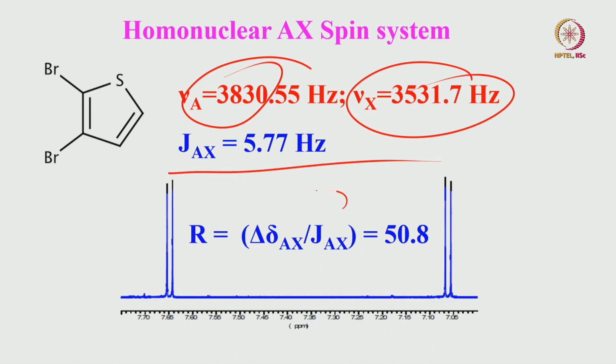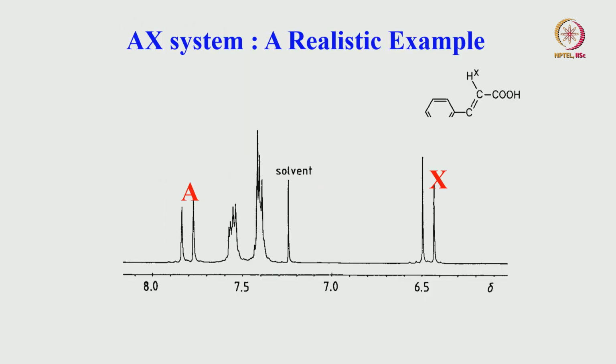And if you take the ratio as per what I was telling, it is about 50.8. Clearly, it is a weakly coupled AX spin. We get 4 peaks of equal intensity, but still you see there is a small intensity difference. You do not have to worry about that deviation. Still it says there is a minute strong coupling character, but for all practical purposes this can be treated as a weakly coupled 2-spin case.